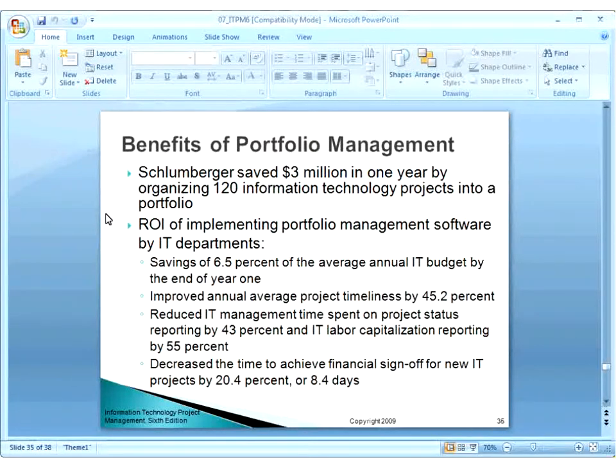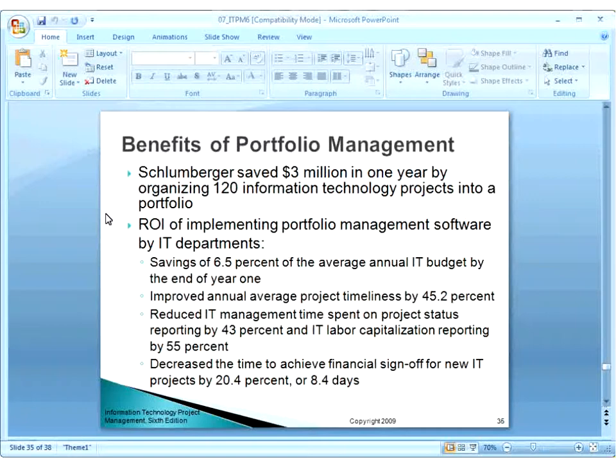Schlumberger, which is a very famous company, saved $3 million in 1 year. $3 million is a huge figure. They saved this much in 1 year by organizing 120 information technology projects into a portfolio.